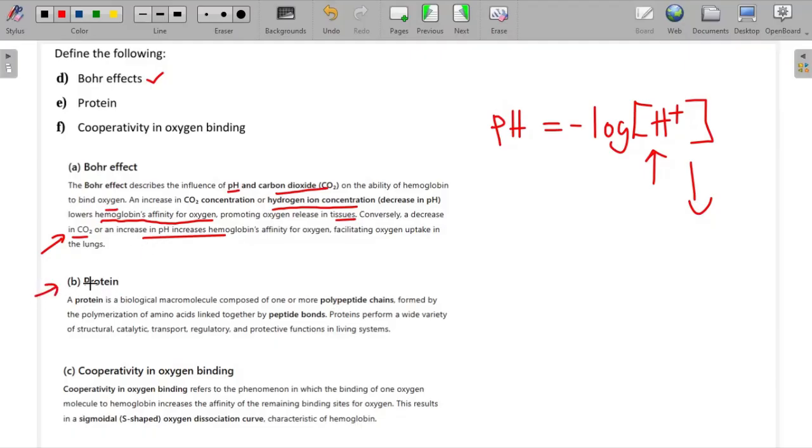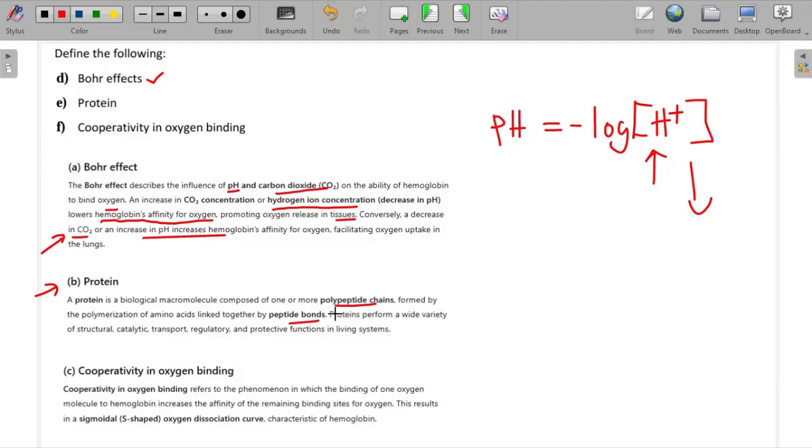Now, what is a protein? There are many definitions, but they point to one thing. A protein is a biological macromolecule composed of one or more polypeptide chains formed by the polymerization of amino acids linked together by peptide bonds.